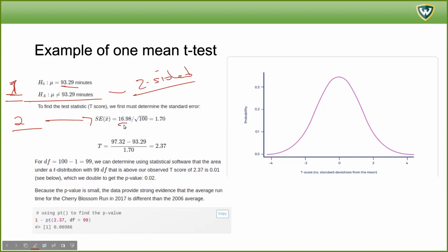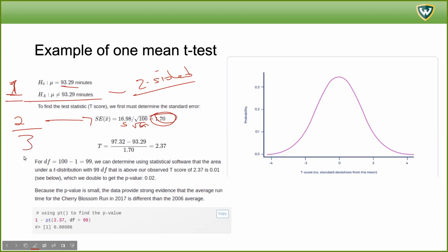I don't know if you remember this. This symbol is for the population value, and we don't have the population, so we just use little s for the standard deviation of the sample, and n. So this is the square root of n, and the standard error is 170.